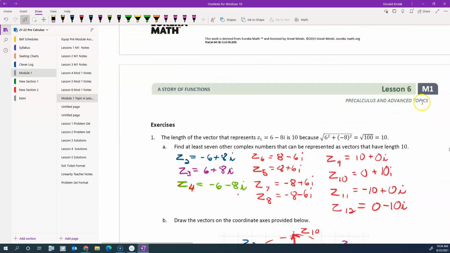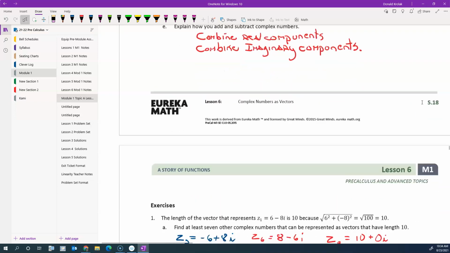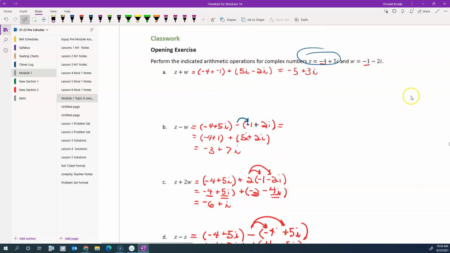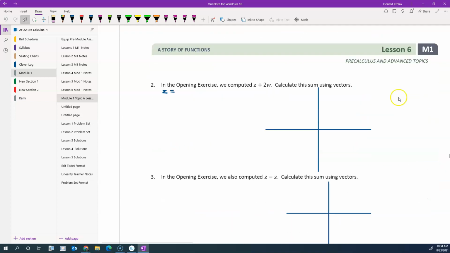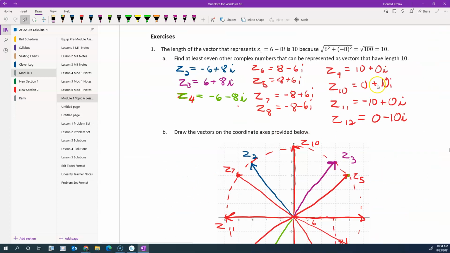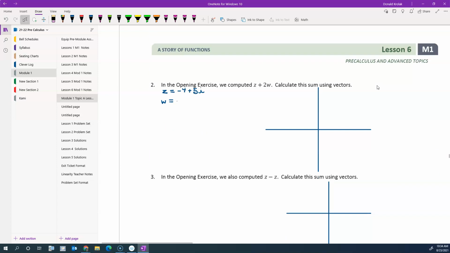What was z? Z equals negative 4 plus 5i, and w is negative 1 minus 2i. We want to geometrically construct z plus 2w.